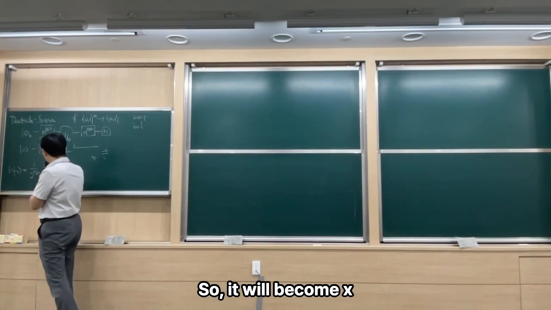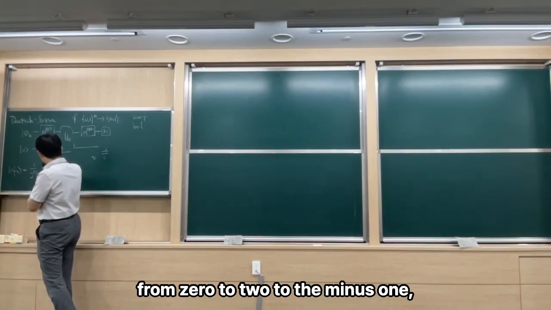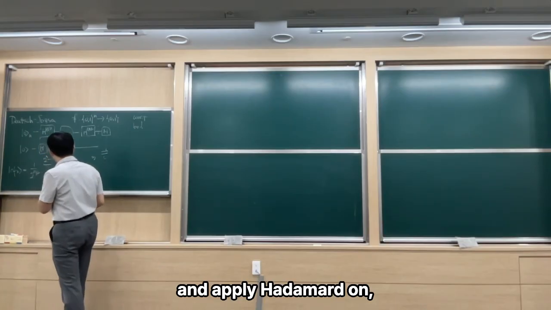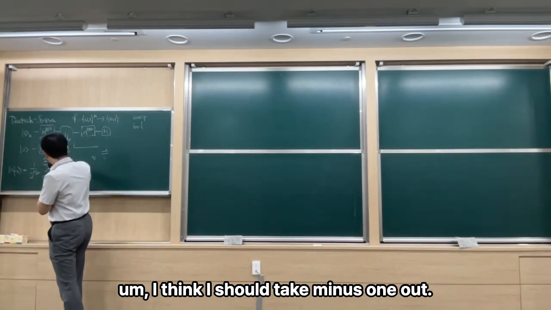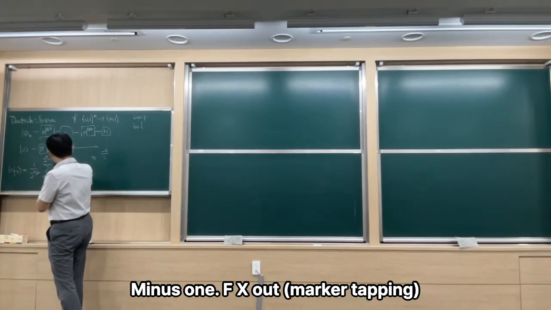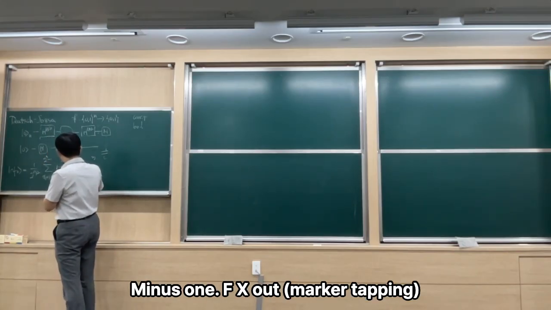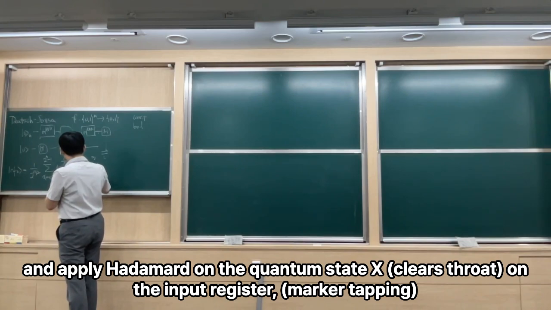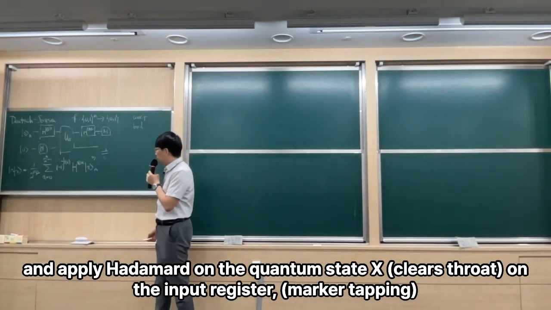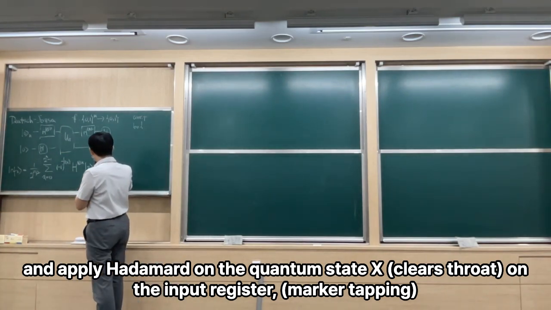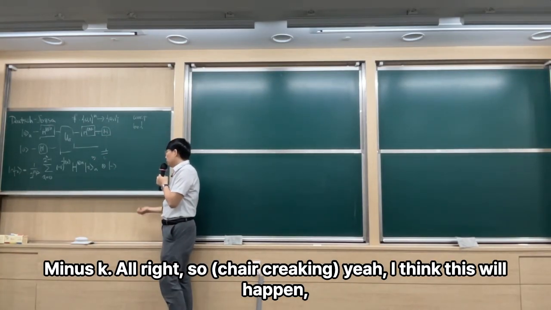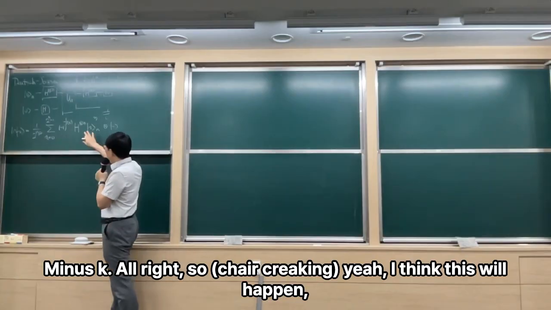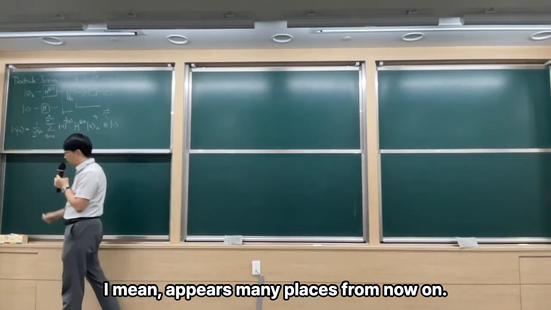So it will become the sum over x from 0 to 2 to the n minus 1, and I think I should take minus 1 to the f of x out, and apply Hadamard on the quantum state x on the input register, and minus ket. All right, so again, I think this will appear in many places from now on.